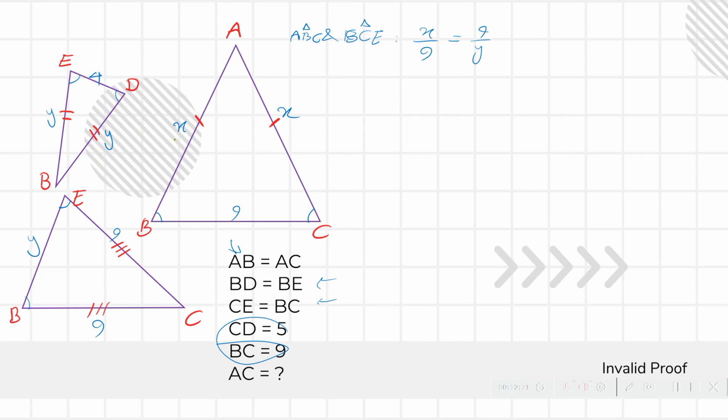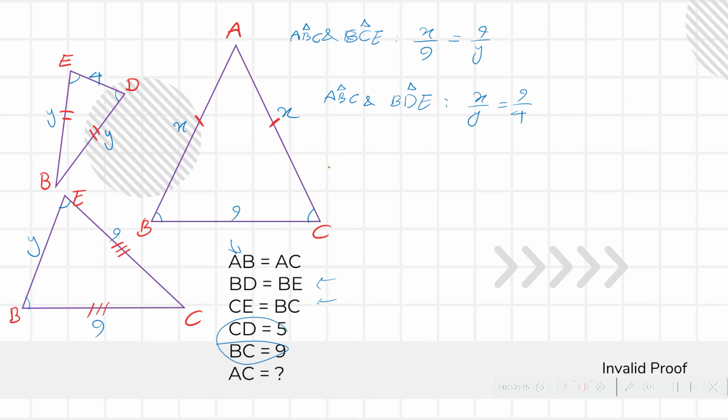Also, for these two triangles, for ABC and BDE, which is our smallest triangle, we can write down x on y equals 9 on 4, right? 9 on 4, x and y.